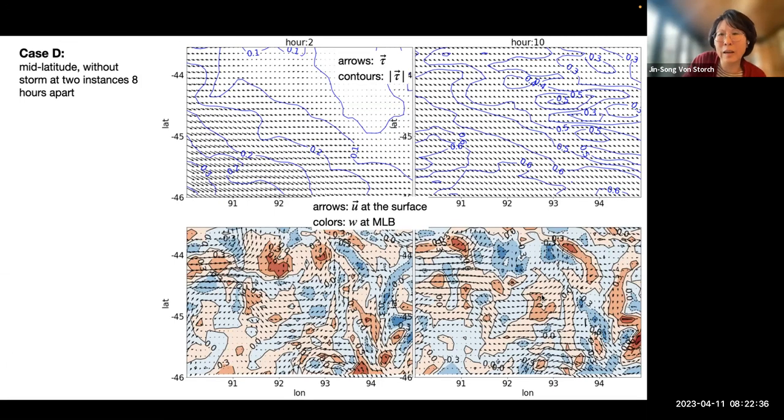So again, in this case the surface currents tend to move westward, but there are strong meandering features which seem to be not directly related to the wind stress. So that's the case study we have.